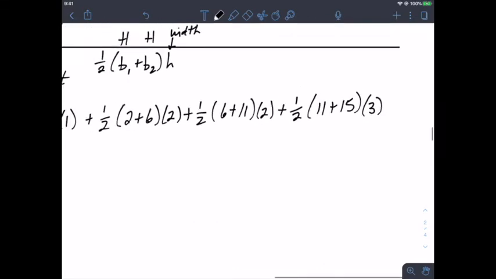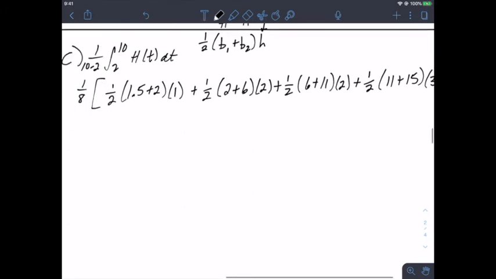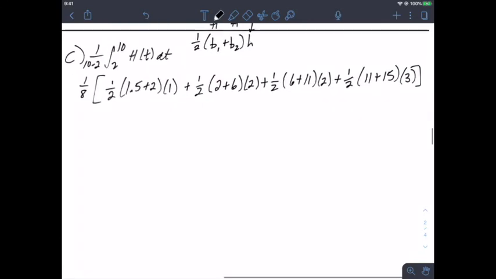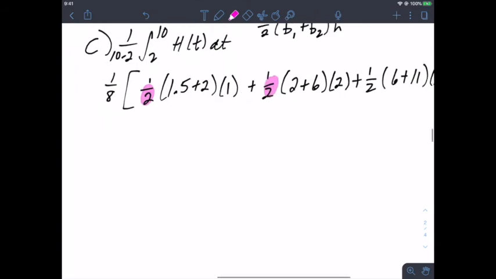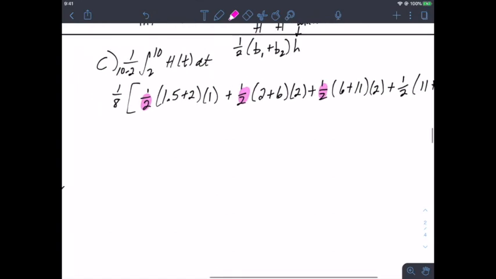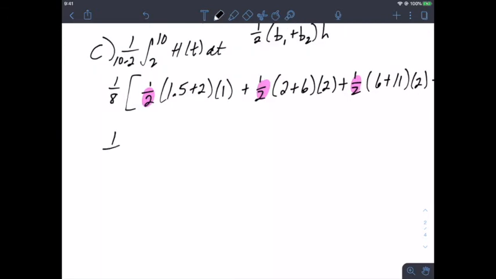Okay? All right, so we're going to simplify this, add them together, simplify it as much as we can without the use of a calculator. So it looks like they all have this 1/2 in common. So I'm going to go ahead and pull out the 1/2 with the 1/8. So that would be 1/16 that goes out in front.